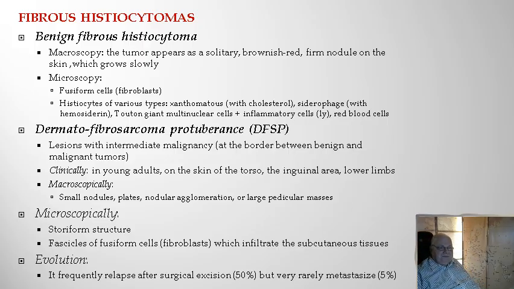The benign one respects the benign characteristics, growing superficially as a firm, well-delimited nodule formed at microscopic level by fibroblastic cells like a fibroma, but also having mixed inside a lot of histiocytes, most of them being giant multinucleated cells called Touton cells, but also possible some other types of macrophages like xanthomatous cells or siderophagic cells.